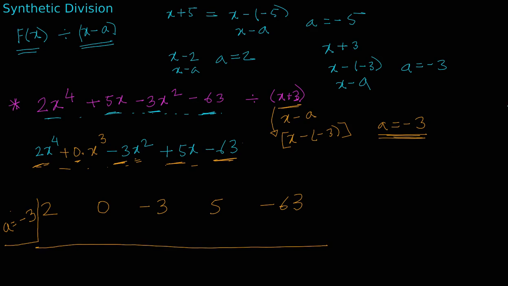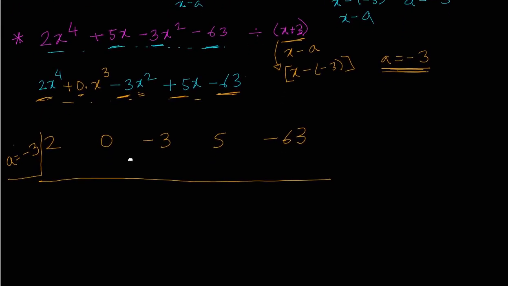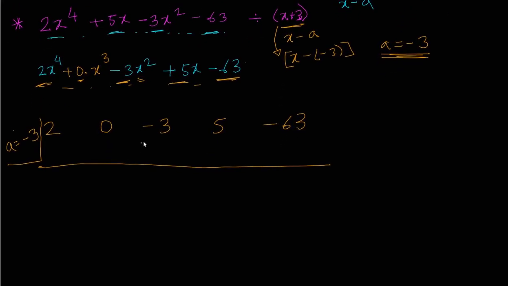Now let's see one by one. Please pay special attention and see what I am doing. First of all, you see that we take down directly, vertically, that 2 here, without changing or doing anything, simply write down that 2.